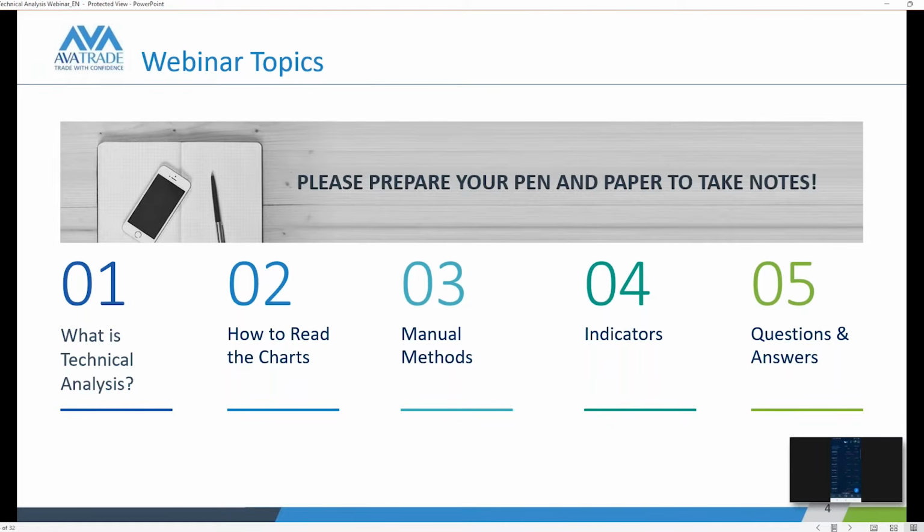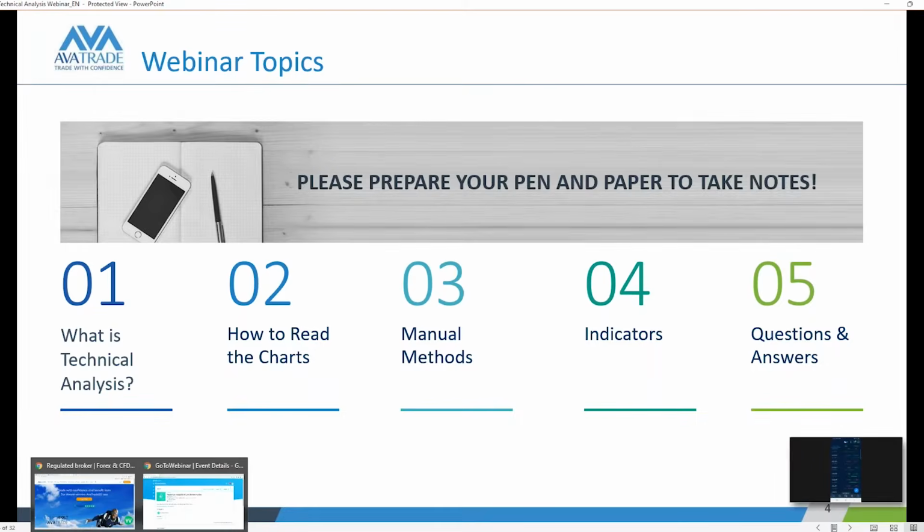There's nothing wrong with having some help in that regard if the lines are going to be drawn where you would have drawn them anyways, etc. And so I'll show you some of the features that can really help you out with your technical analysis and your risk management for that matter when using our web trader platform and our AvaTrade Go mobile app to trade on your MT4 and MT5 accounts.